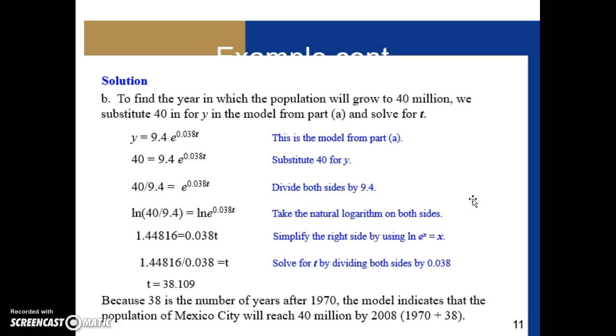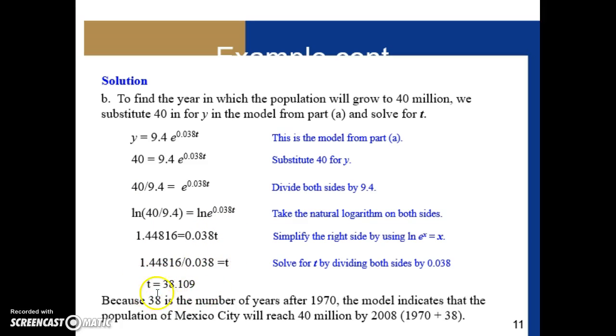And here's the actual question that they wanted. They want to know, in what year will the population grow to 40 million? So when will y equal 40? We're looking for the time that the current population will equal 40. So we substitute in 40 for y, divide both sides by 9.4, take the natural log of both sides, and now we're just going to solve for t.